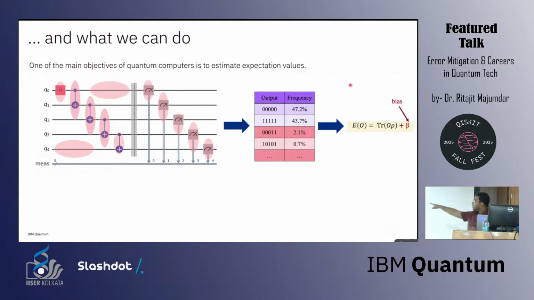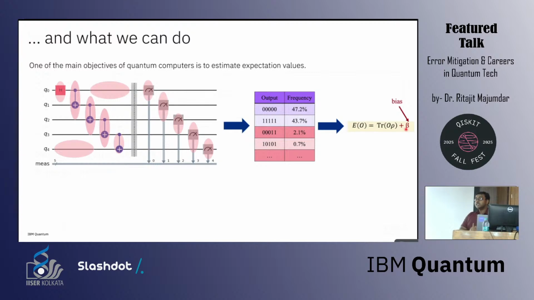So when we actually run the circuit on a quantum computer, we get something apart from what was expected. We expected these two outcomes, but we get some other outcomes as well because of the imperfection in the quantum computer. And what we end up getting, if we calculate the expectation value here, is what you think of as a bias or some error terms coming into the expectation value.